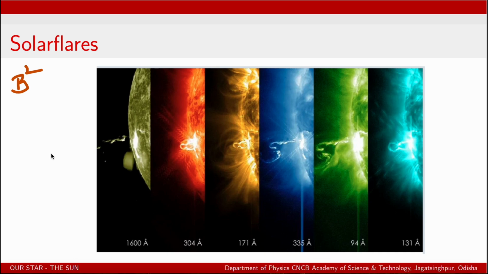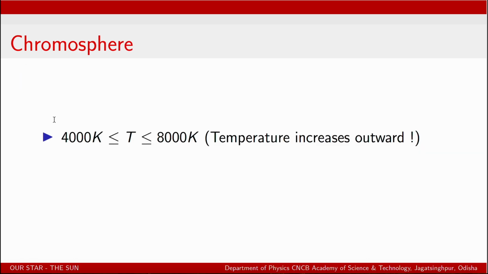We now come to the next slide. Now we are in the chromosphere. From the photosphere we are now in the chromosphere. The lower edge of the chromosphere is at 4000 Kelvin, while the upper edge surprisingly is at 8000 Kelvin.